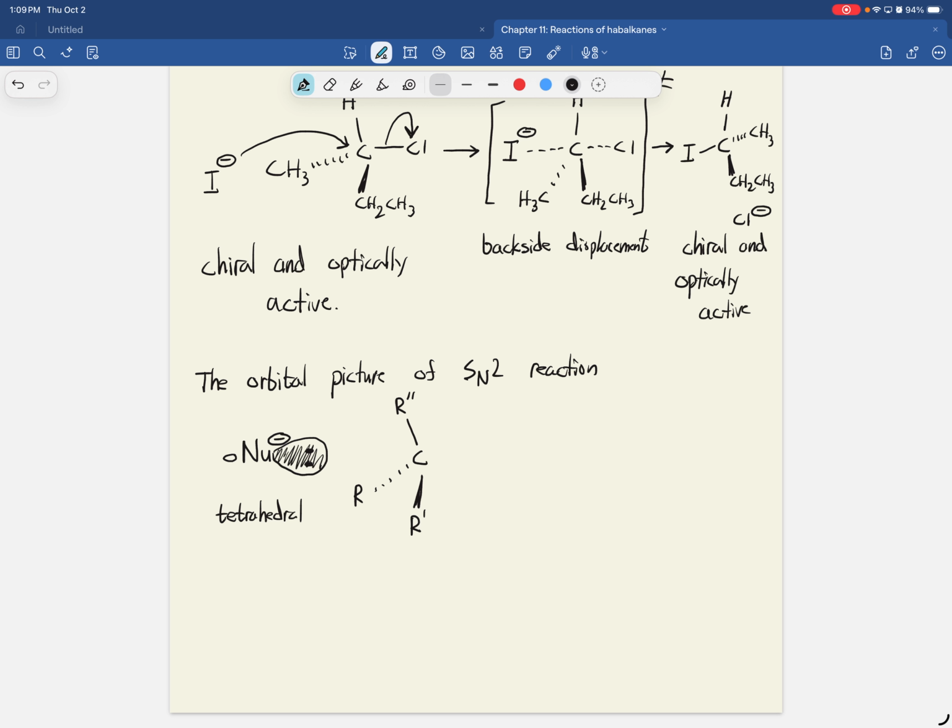But this one right here, this will be called the C-Cl sigma star orbital, anti-bonding. All right, so this orbital right now is unfilled.